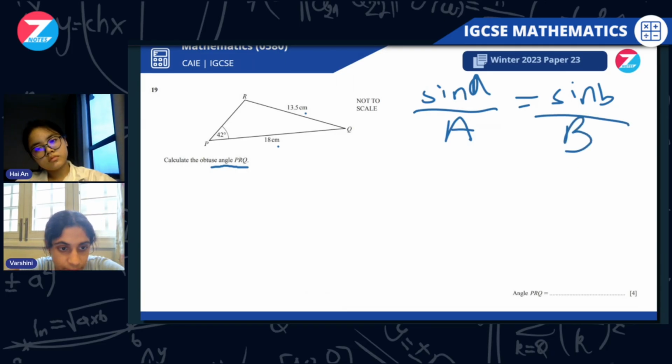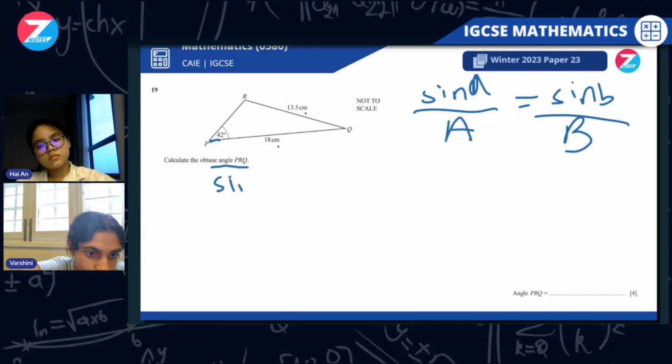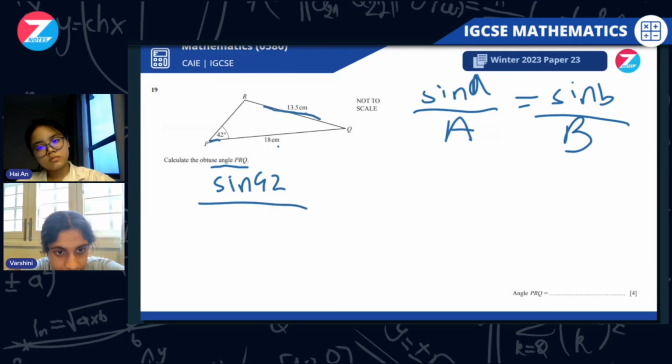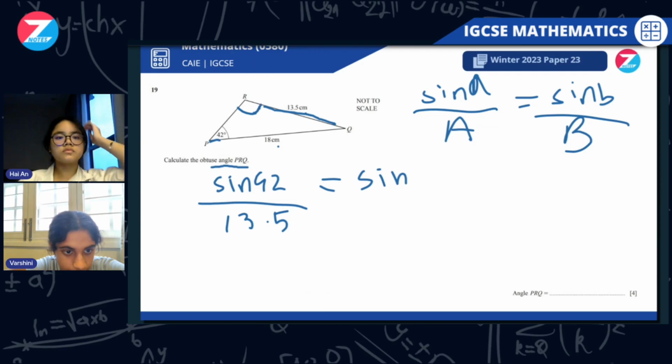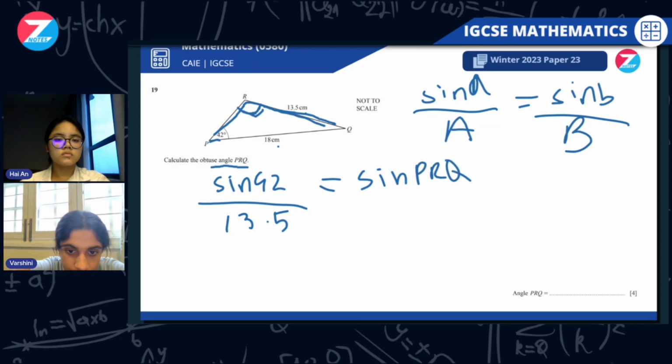P is 42 degrees, so sine 42 divided by the opposite side of P, which is clearly this side, 13.5, equals sine of the angle we want to calculate, PRQ, divided by the opposite side, which is 18.